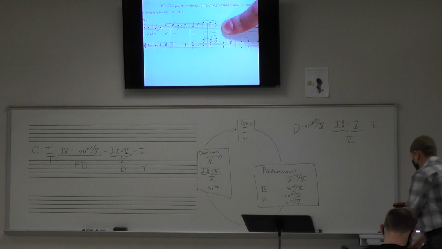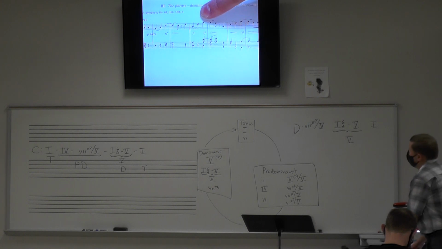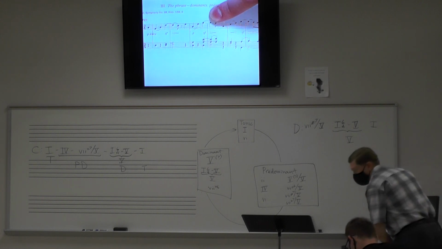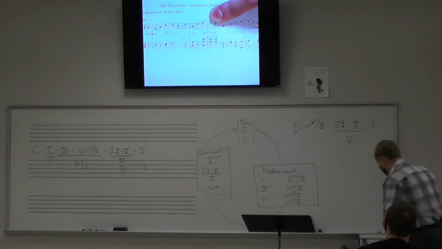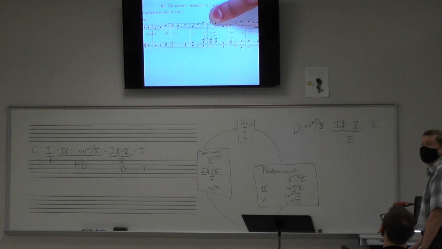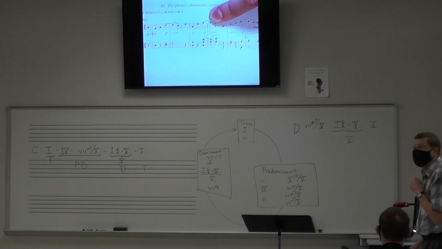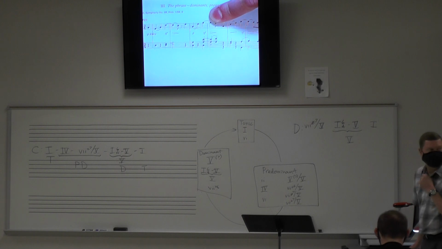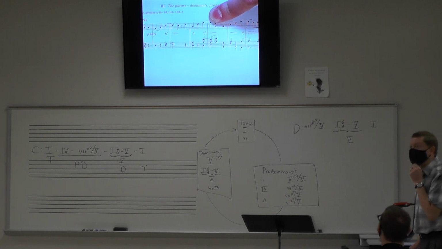I know we didn't analyze it, but let me tell you. This chord right here in the previous bar is a 5/6/5, and then you have a 1 right here. What type of cadence is that? 5/6/5 to 1. Imperfect authentic cadence, right?